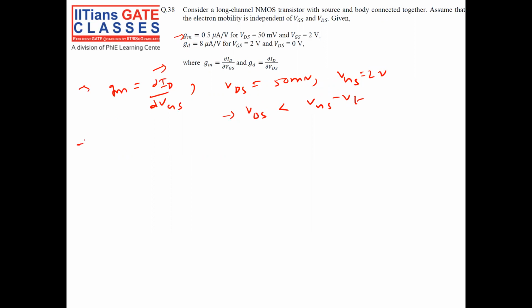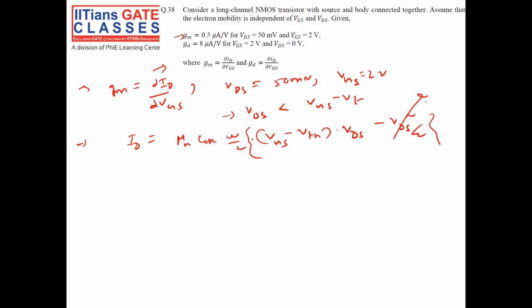So when my transistor is in linear region, I know the drain current. Since my MOSFET is in linear region, ID is equal to mu n COX W by L into VGS minus VT into VDS minus VDS square by 2. Since VDS is very small, 50 millivolt, I can ignore this term.